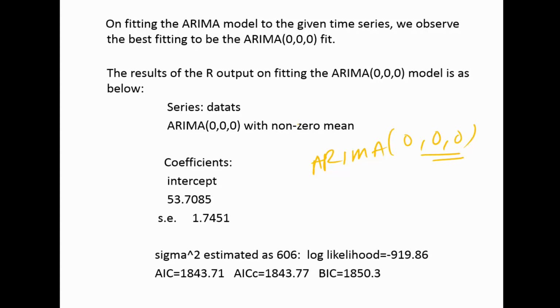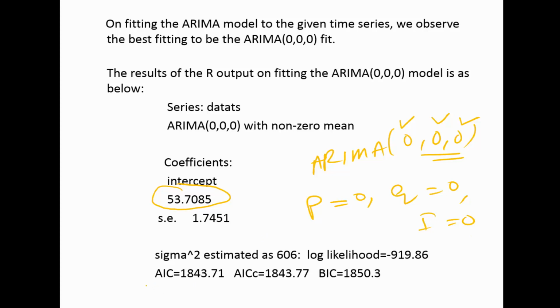It does the comparison and gives us this as the best fit. That means the P lag is 0, the Q is 0, and also the I is 0, right? And it only has an intercept. It doesn't have slope coefficients because there is no AR component, integrated component, or MA component. So slope coefficients are all zeros, right?